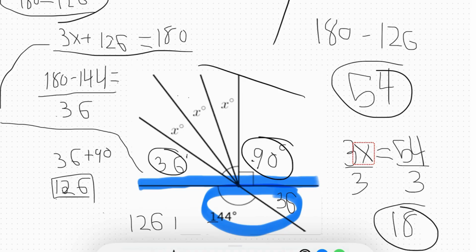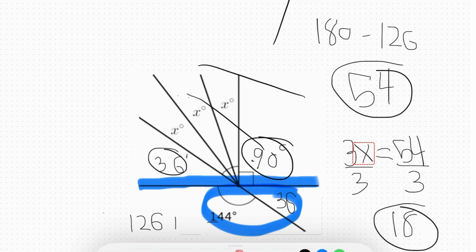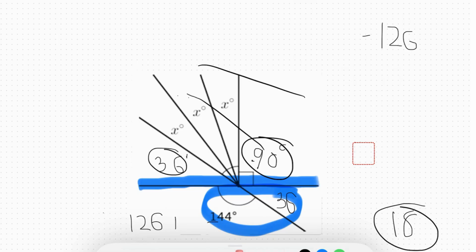It's 18. And is that our finished answer? Yes, it is. So let me just clear everything. We have x equals 18.